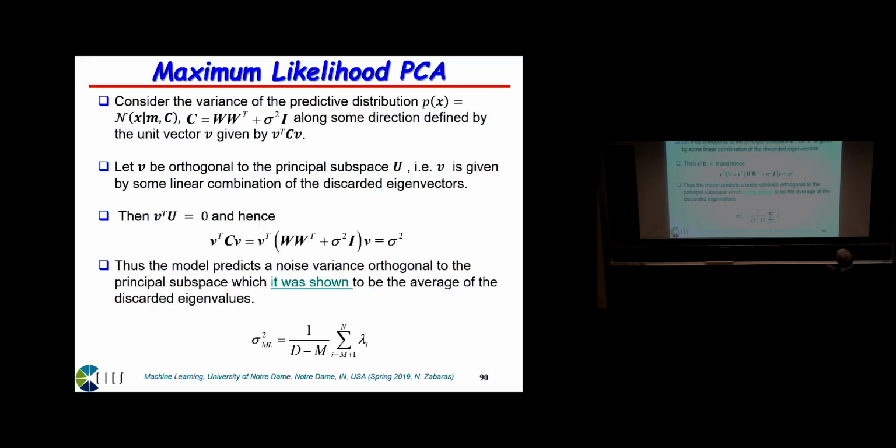Will you trust me, without plugging in anything, that this times this will give me 0? Why is v transpose W W transpose v going to be 0? Because remind me, what is W, the optimal W that we computed with MLE? It was on the previous slide.